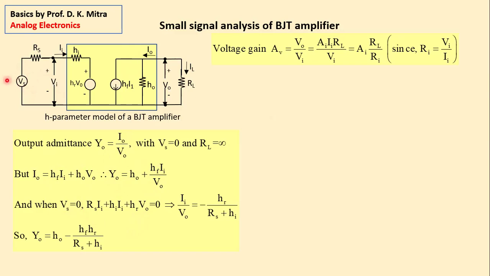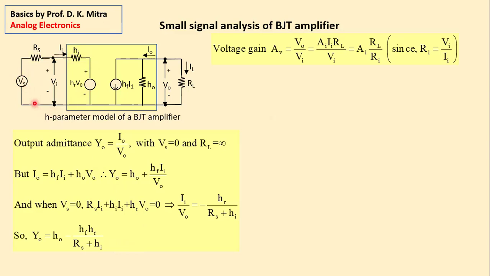the source has been removed from here. At that time, II into HI is the drop here, HR VO is the drop here, and RS II is the drop here. Since there is no source, the total drop in this loop will be equal to 0.